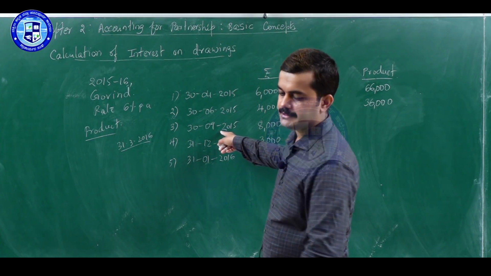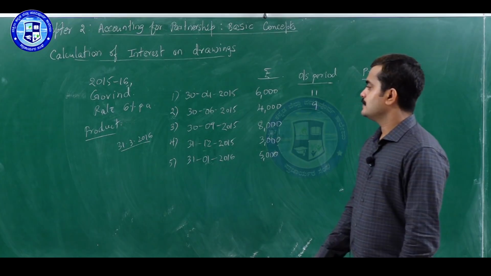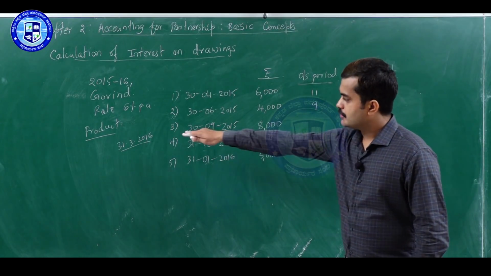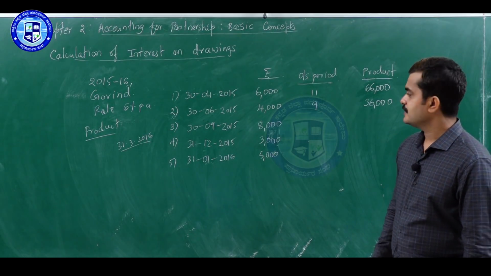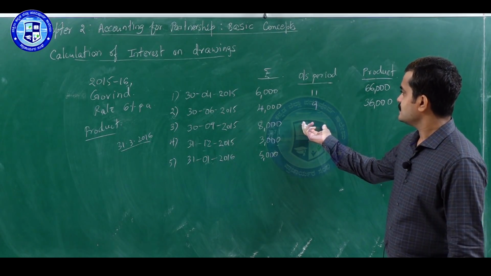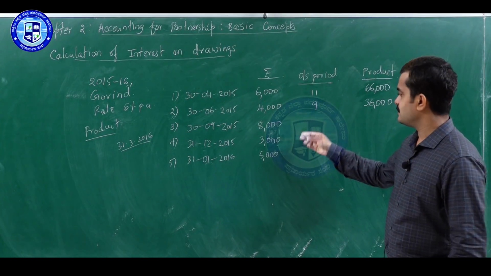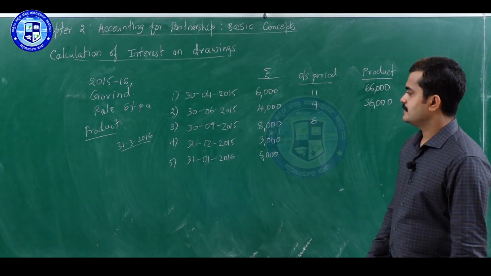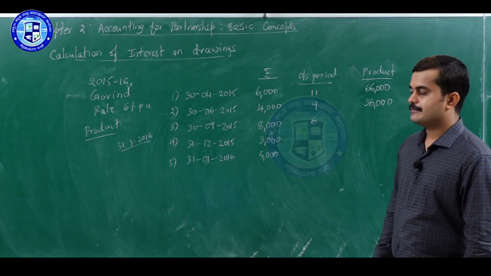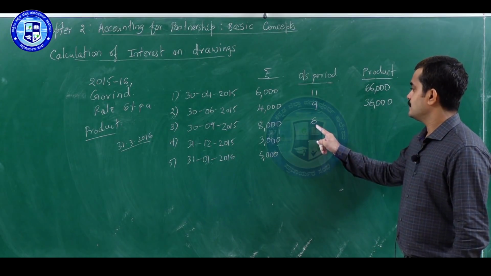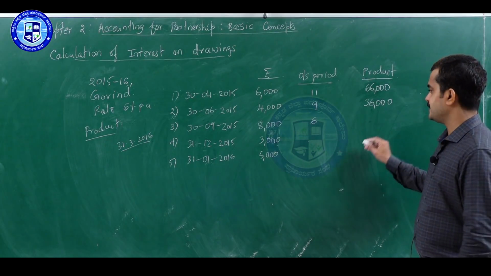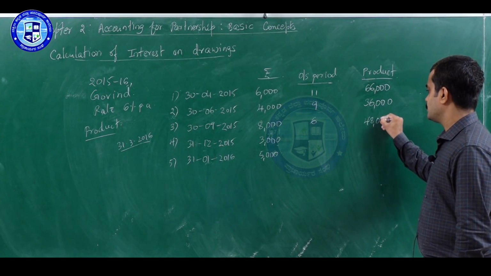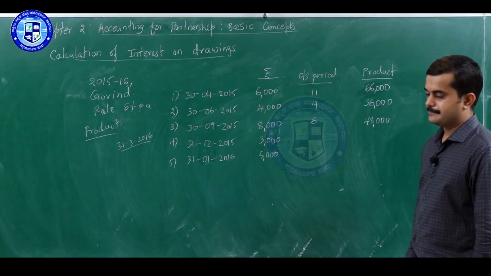Next, the third withdrawal was on September 30th. From that day to the last day of that accounting period, 31st March 2016, how many months are there? 6 months are there: October, November, December, January, February, March, and the product will be equal to 6 into rupees 8,000, that is 48,000.